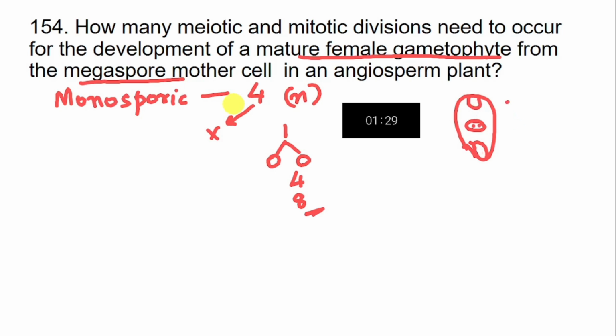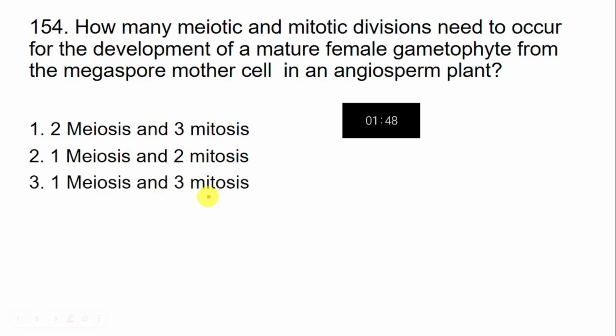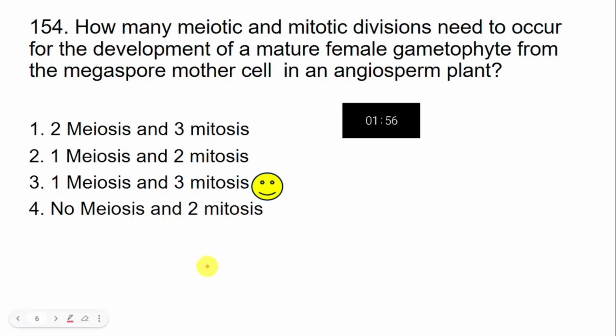So total 7 cells and 8 nuclei. So we have 1 meiosis and 3 mitosis. 2 meiosis and 3 mitosis is incorrect. 1 meiosis and 2 mitosis is also incorrect. 1 meiosis and 3 mitosis, correct. No meiosis, 2 mitosis is incorrect. So option 3 is the right answer.